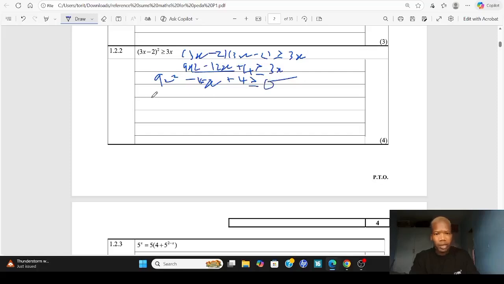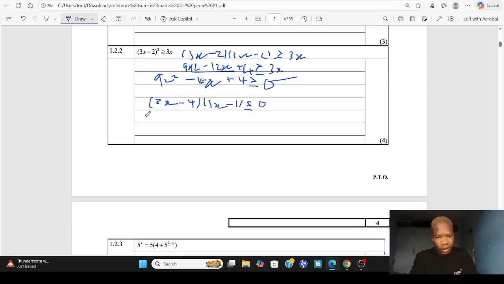Then we factorize, so it's (3x minus 4)(3x minus 1) is greater than or equal to 0.